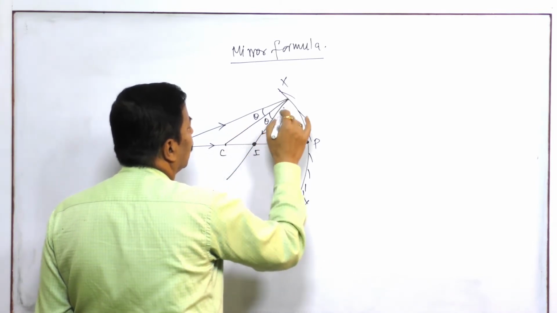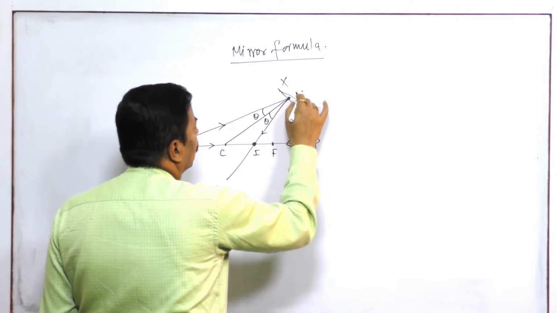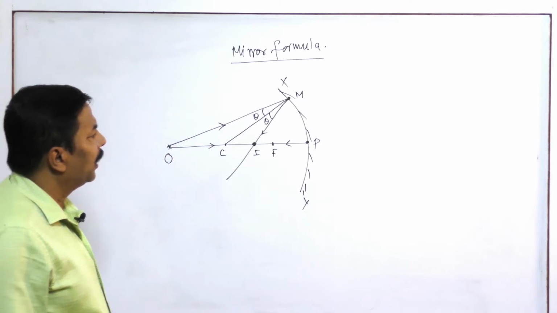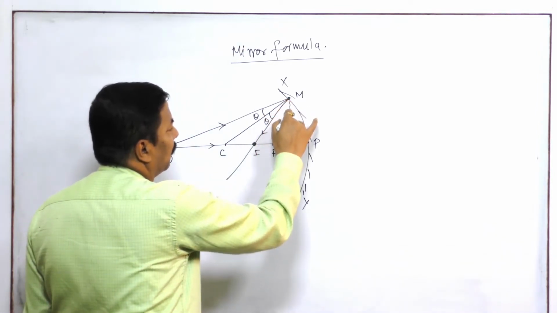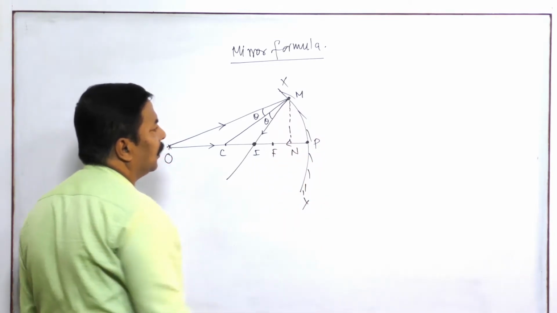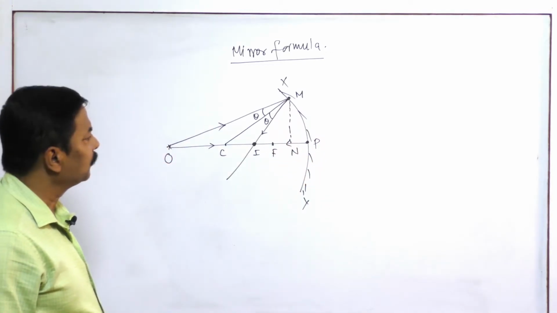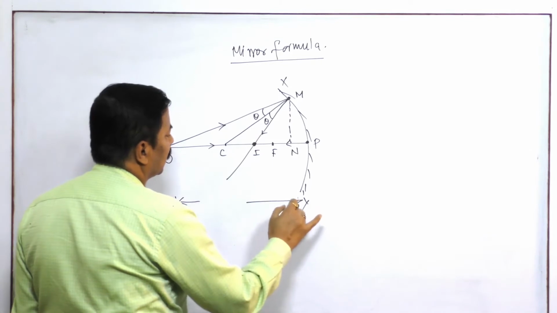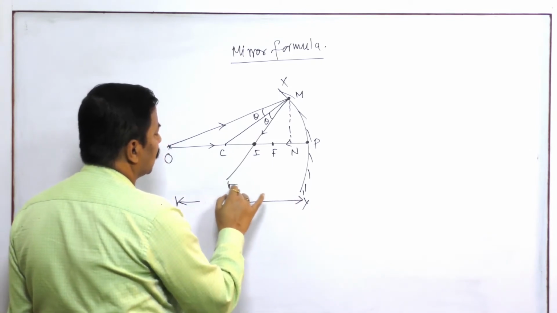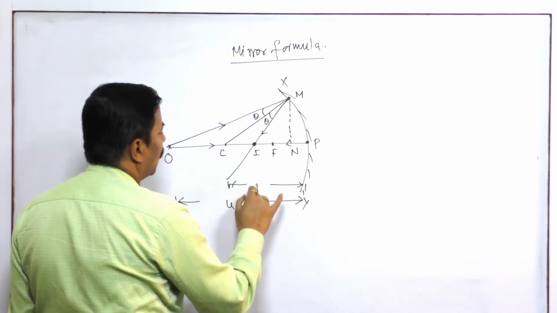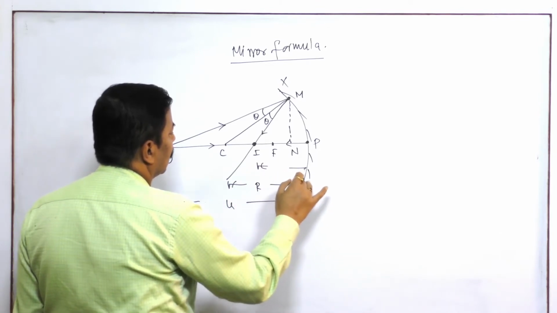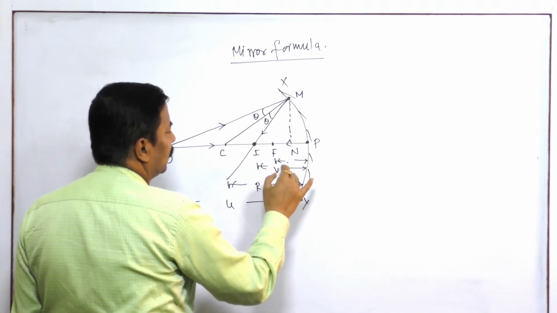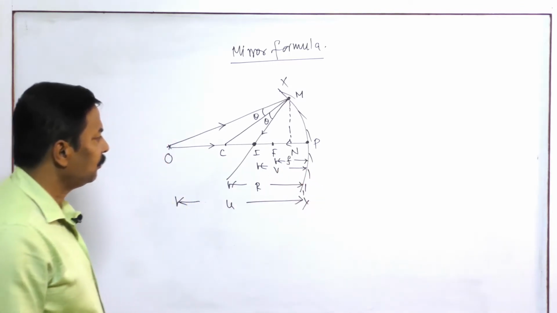This point I am taking as M, and I am dropping a perpendicular, and this is N. Whatever distance we are measuring from the pole, this distance is your u, this distance is your R, this distance is your v, the image distance, and this distance is your f.